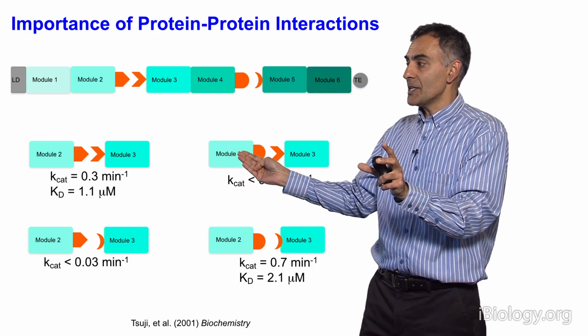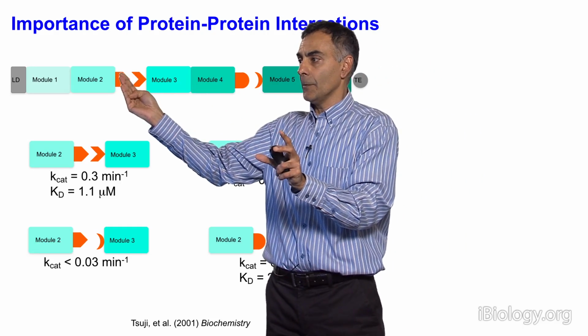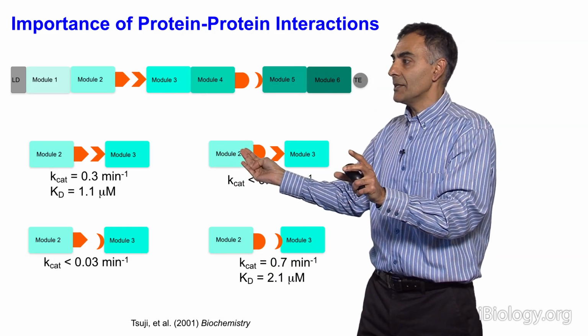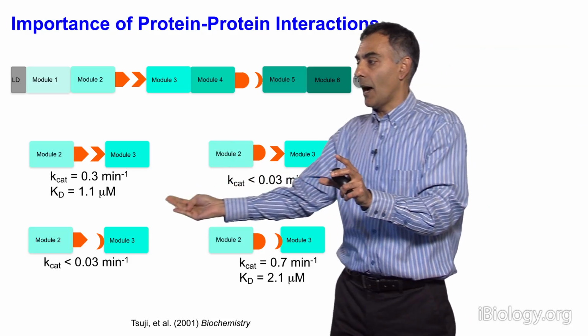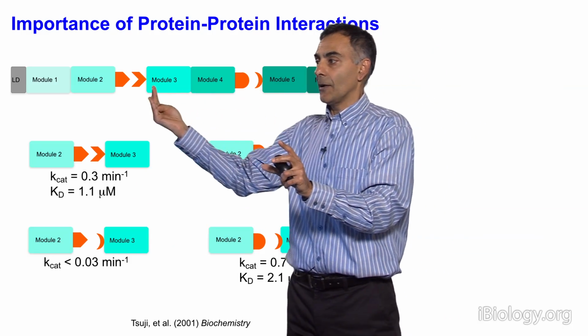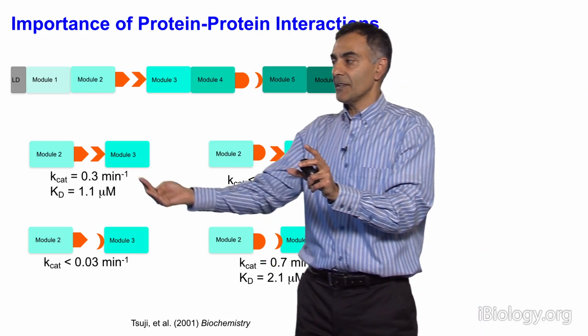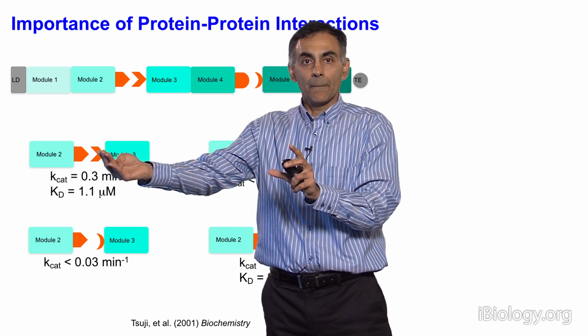If, however, you take this module that has this linker instead of this linker and couple it to this module that has this linker instead of this linker, this pair over here is indistinguishable from this pair.